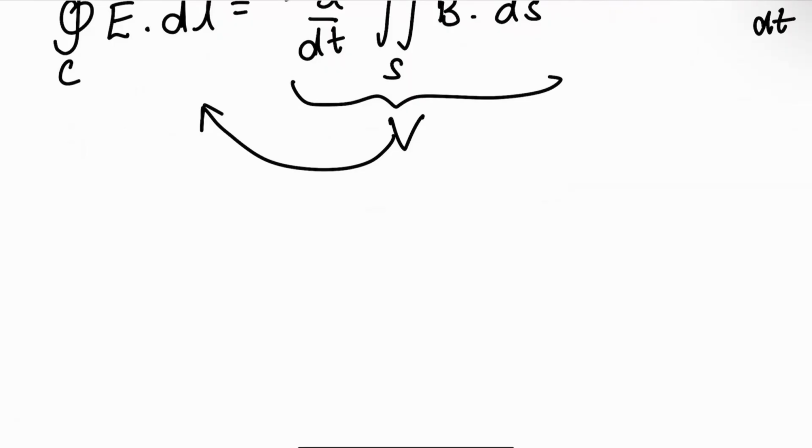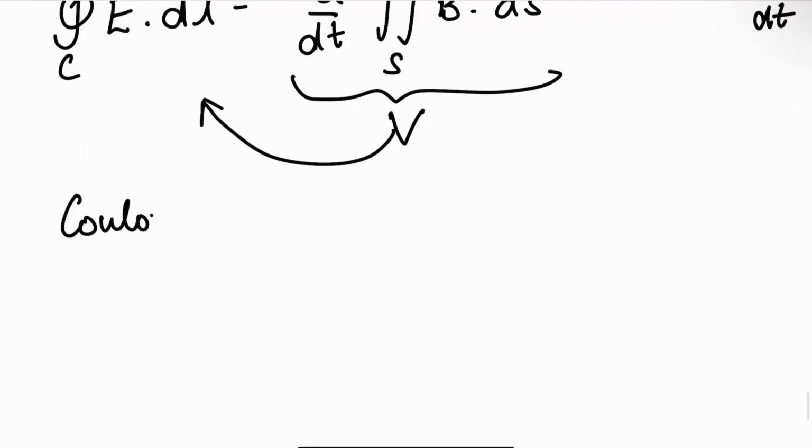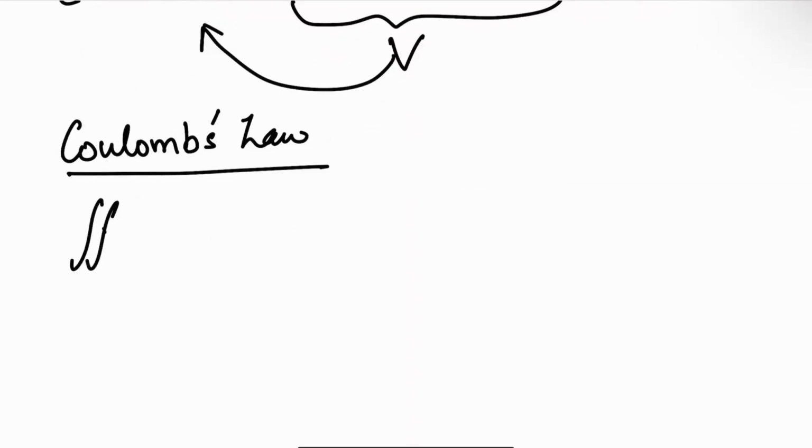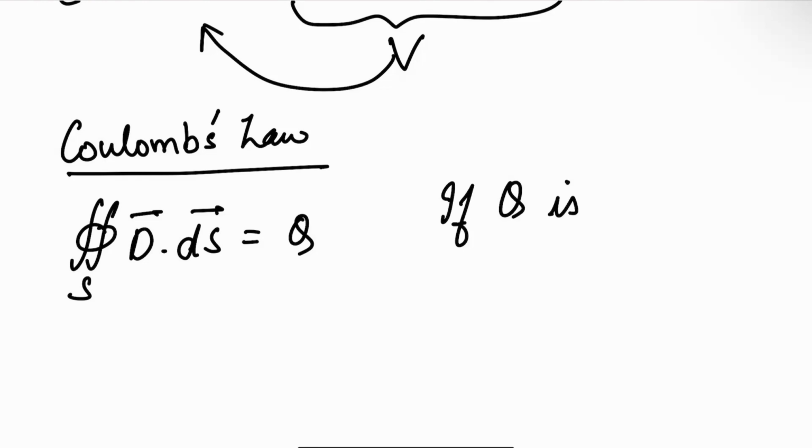One more relationship which we derive is Coulomb's law, which can also be derived from Maxwell's equations. So let's do that. We start with Gauss's law, the surface integral of D dot dS is equal to Q. And I say that if Q is symmetric, then D also must be symmetric.